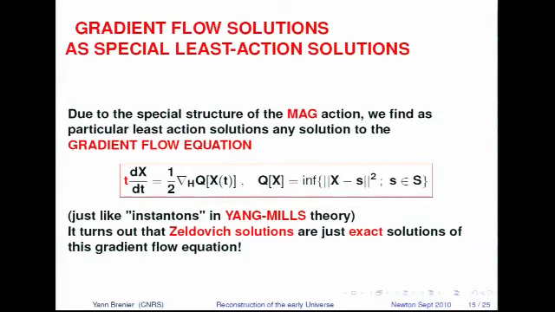I'm not talking about the solution in the global way; I will move to that in a moment. But at least for short time, these Zeldovich solutions are just exact solutions to this first order equation. So this is a way to recover the fact that Zeldovich solutions are solutions of the Monge-Ampère gravitation model, because they are obvious minimizers of the action.